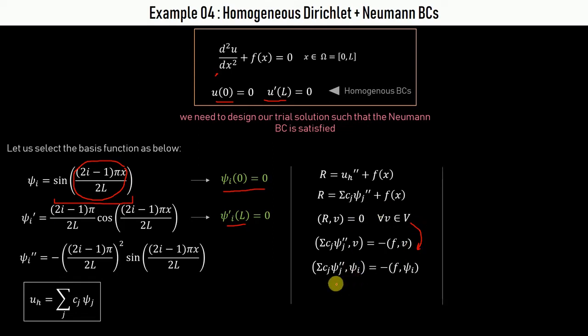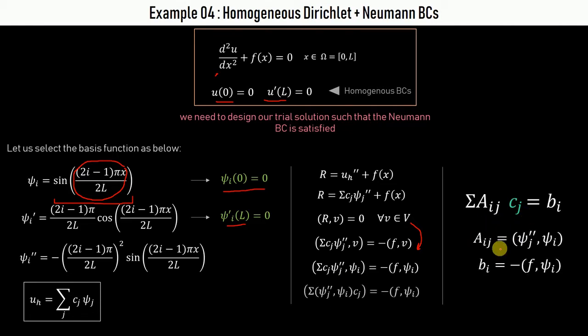Now we can take the Cj's out, and we can write this into this form where Aij's are this and Bi are this.